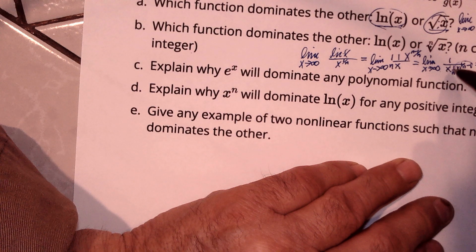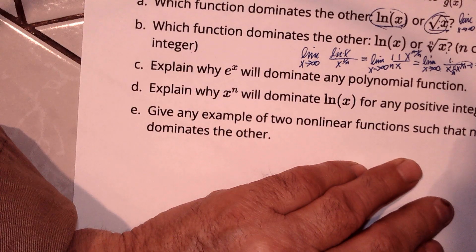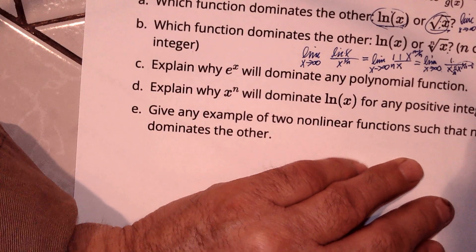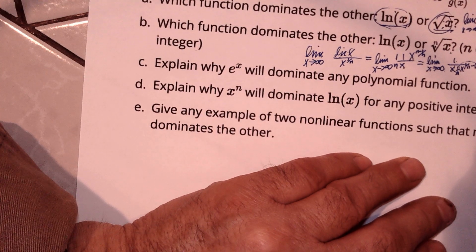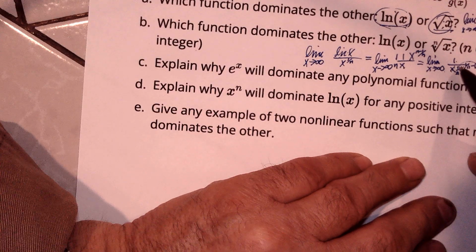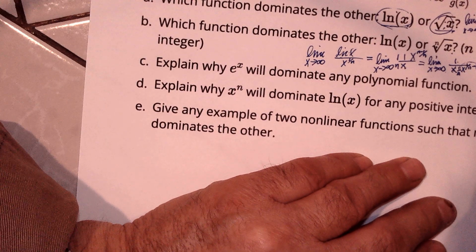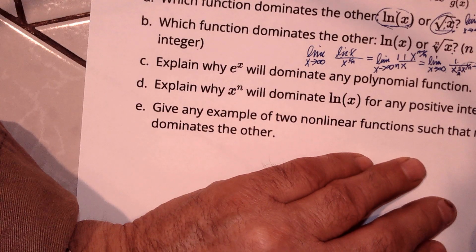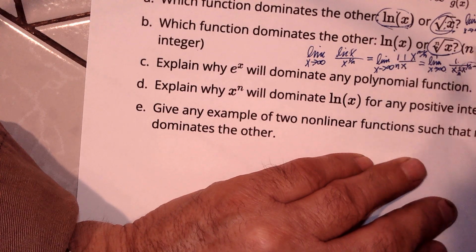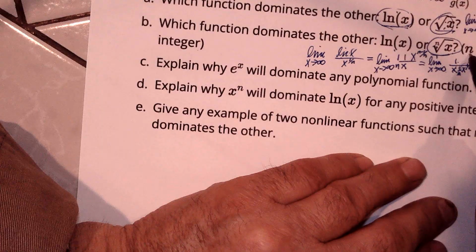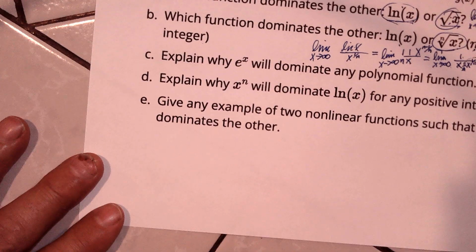This 1 over n becomes n in the numerator, and this becomes x to the 1 over n in the denominator, because the 1 and the minus 1 cancel, and this will grow, this does not, and so this goes to 0. So this will dominate this as long as n is any positive integer. They want it to be a positive integer. Okay?